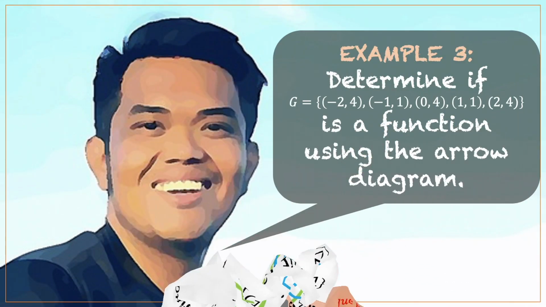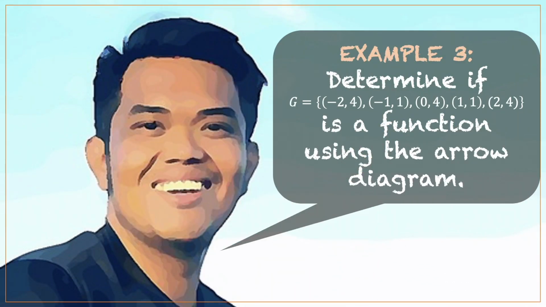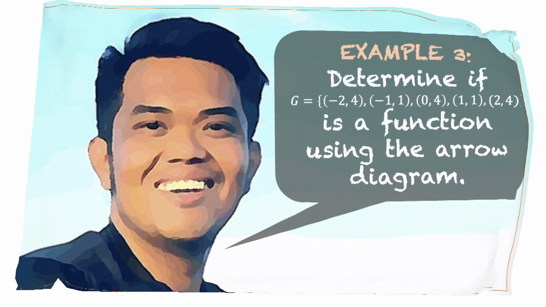Let's now have the third example. Let's determine if set G is a function. The ordered pairs in set G are (-2, 4), (-1, 1), (0, 4), (1, 1), and (2, 4).